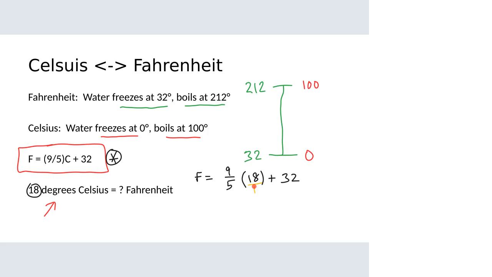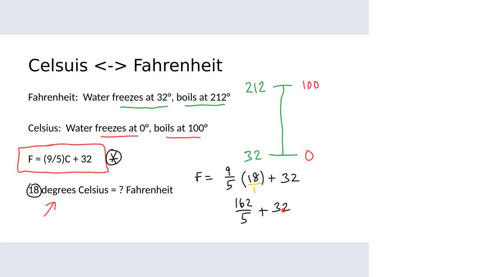I don't know what that is. Wait. How about 9 times 18? There we go. 162. So 162 over 5 times 1 is 5, plus 32.